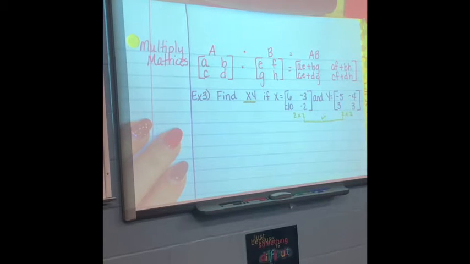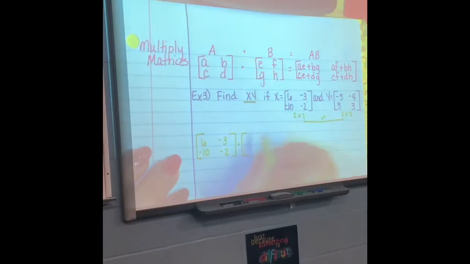Okay, so if these can be multiplied, then I'm going to take X, which is 6, -3, -10, -2, and multiply it by -5, -4, 3, and 3.